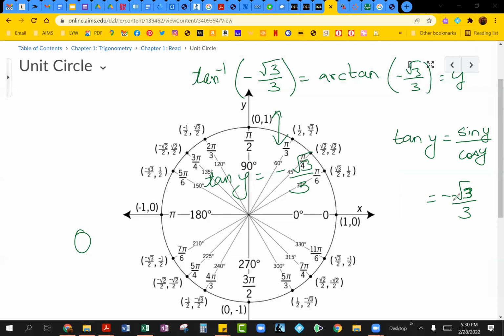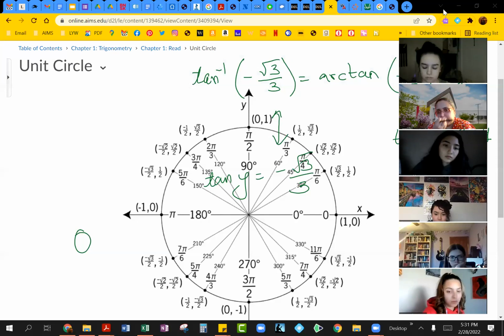And obviously, since you can see there is a negative sign, that should also help you out in narrowing your choices down. Okay, so let me know once you have an answer that you think might be the right one.